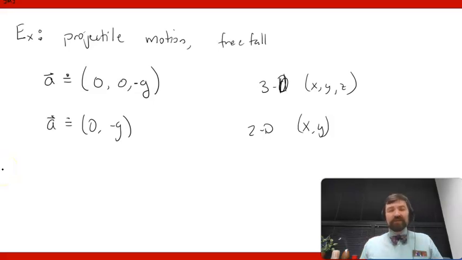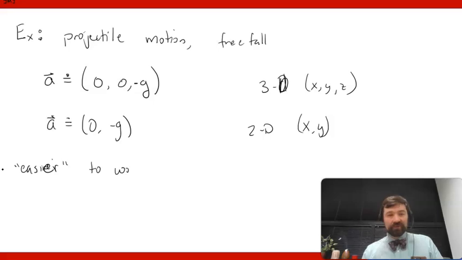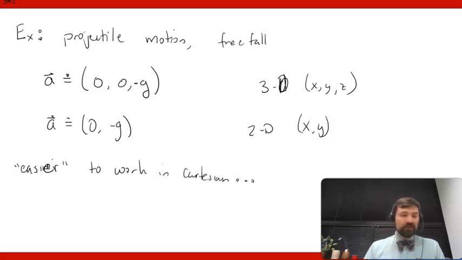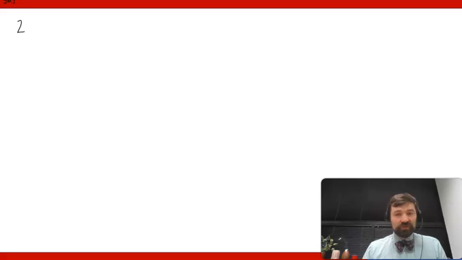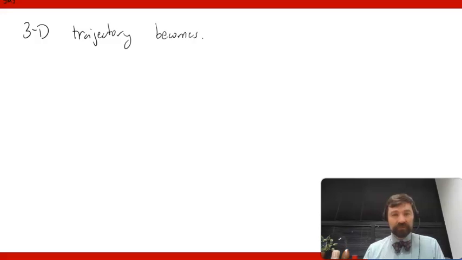In any case, what this means is that it's easier to work in Cartesian. So let's just do 3D motion. Remember that in 1 dimension each vector just means a plus or a minus sign when you're in Cartesian.